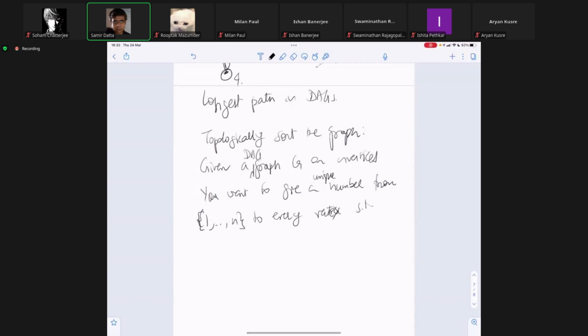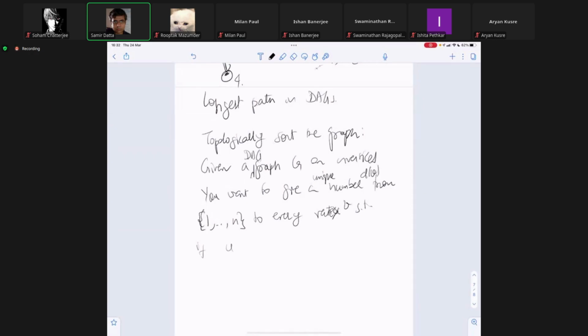Such that, you want to give a number d of v from 1 through n to every vertex v, such that if u is a prereq of v, then d of u is less than d of v, correct?